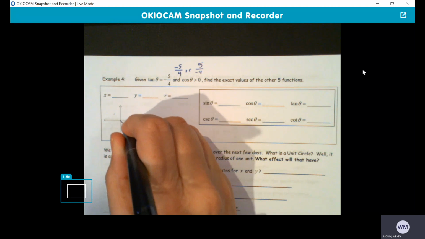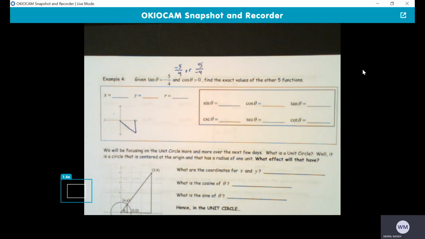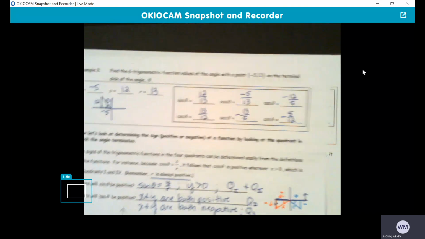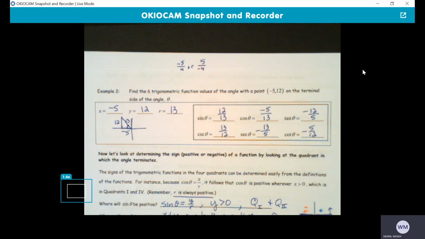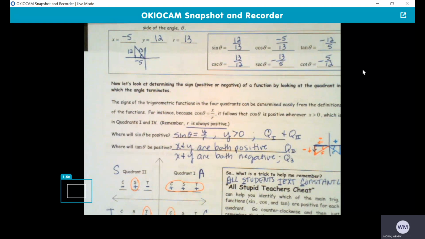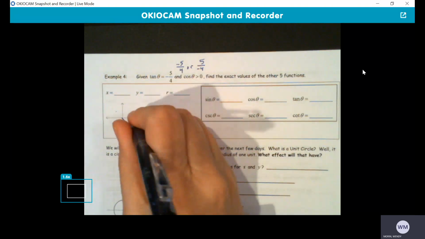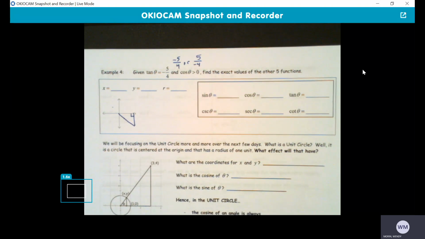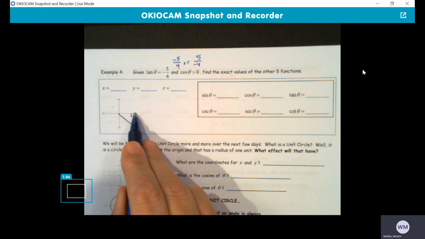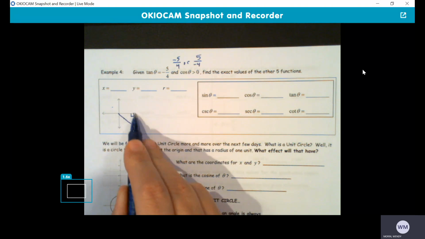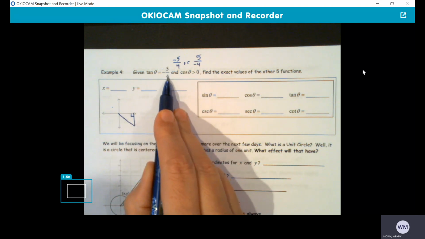So the reference triangle that we have to draw, you have to figure out the quadrant, because it's not just automatically given to you like it was here when it gave you the coordinate. So by putting this together with All Students Take Calculus, we can draw the reference triangle in the fourth quadrant.